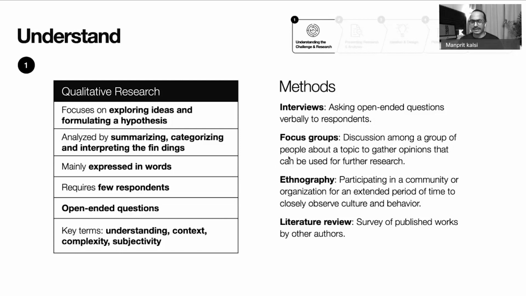As I said earlier, if I'm creating a product for the medical industry, I'll read a lot of information and go through a lot of published material, because I need to understand what that industry is. In order to understand, I'll have to read a lot. So that is another way of conducting qualitative research.